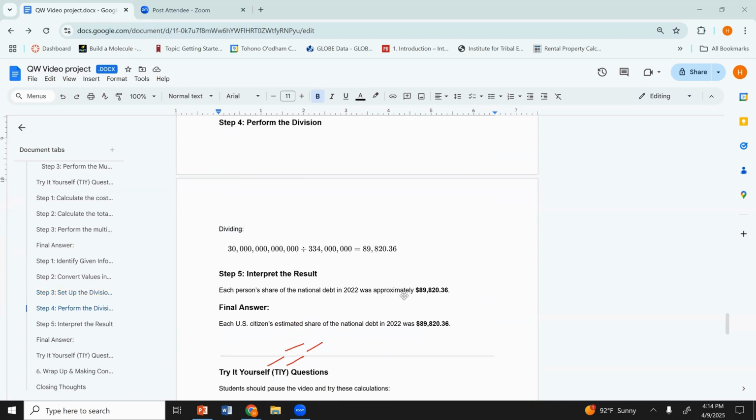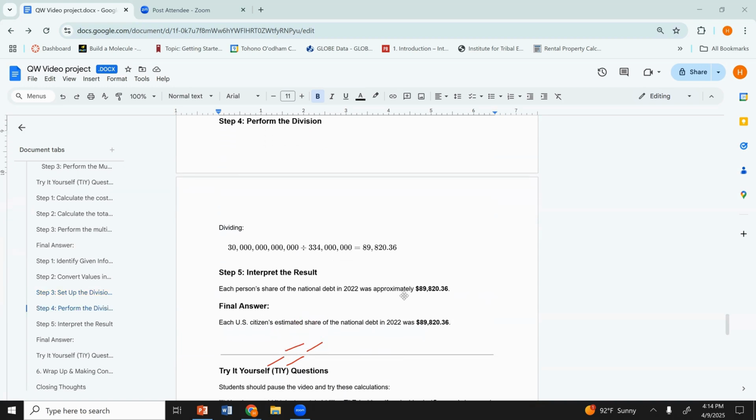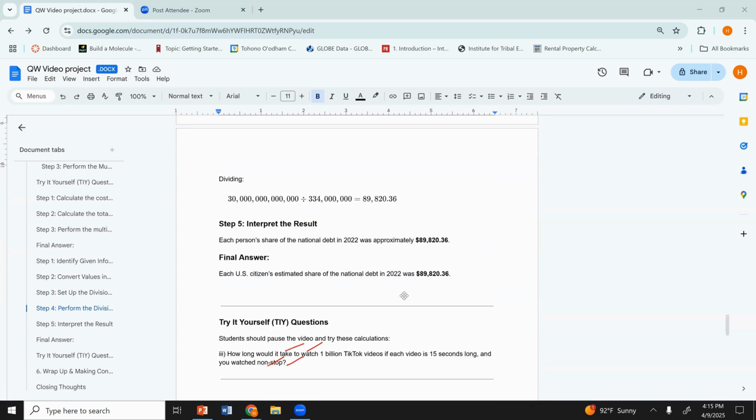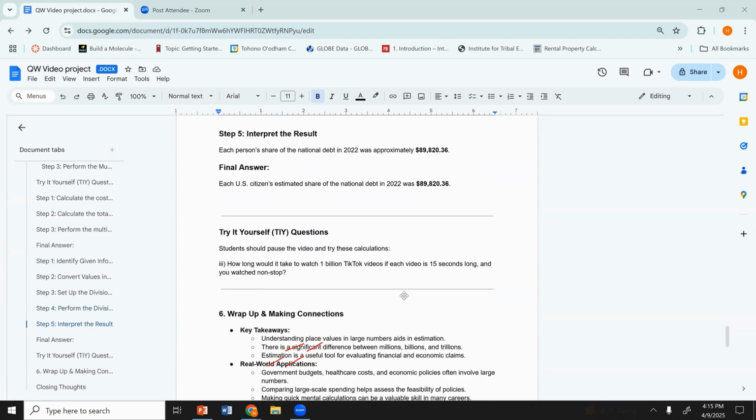Okay, so going by the 2022 debt, if you divide it among citizens, everybody is going to be responsible for paying $89,820.36.